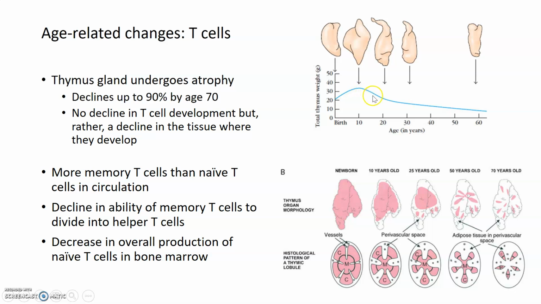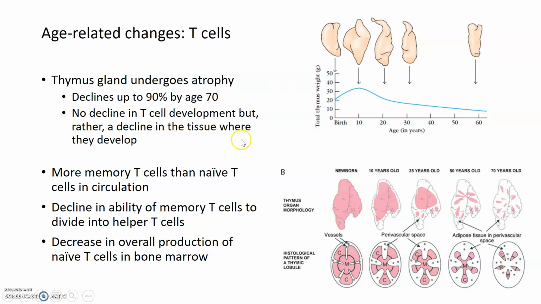And you can see that reflected here in this graph, right? And so this doesn't occur later in life. This actually is sort of a steady decline happening about after age 10, right? And so this is just looking at the thymus weight in grams and how that decreases proportionally to time.